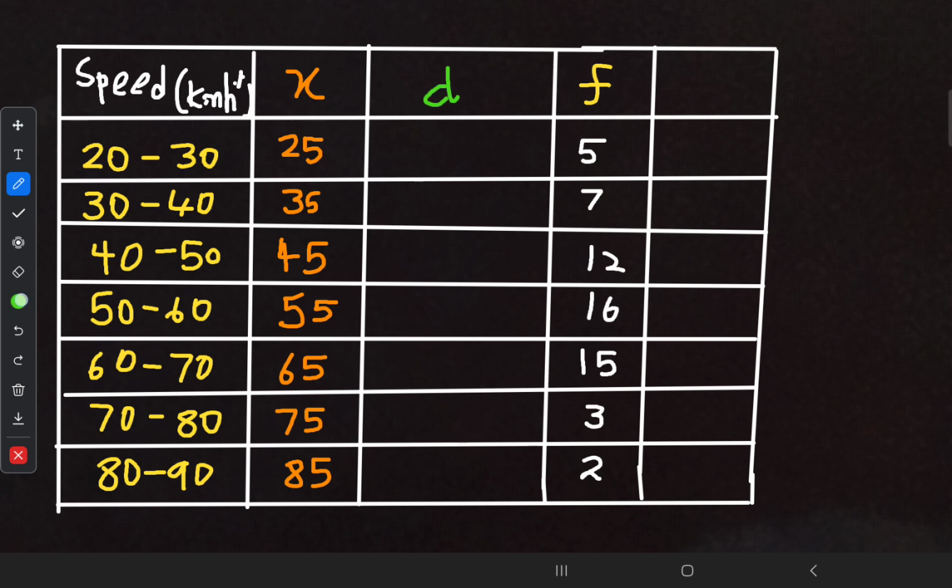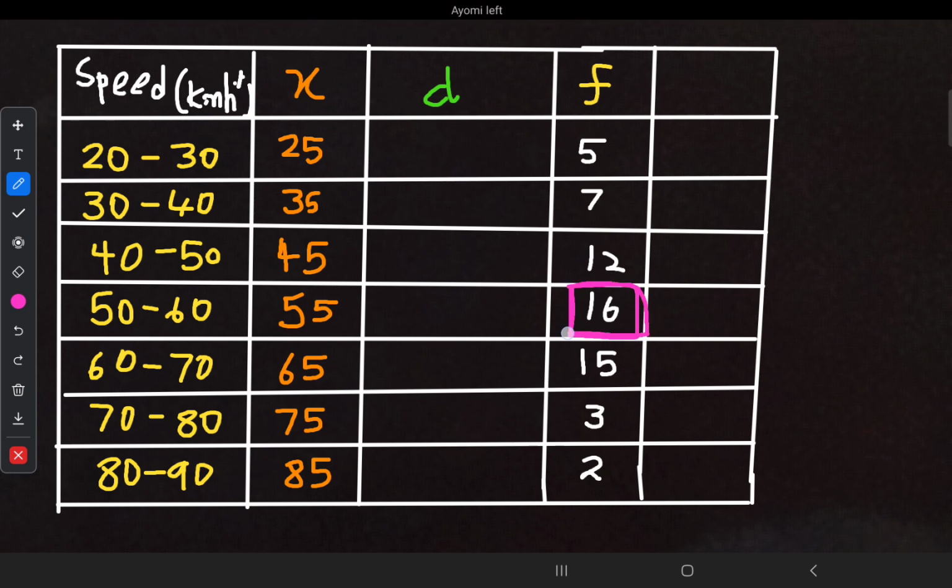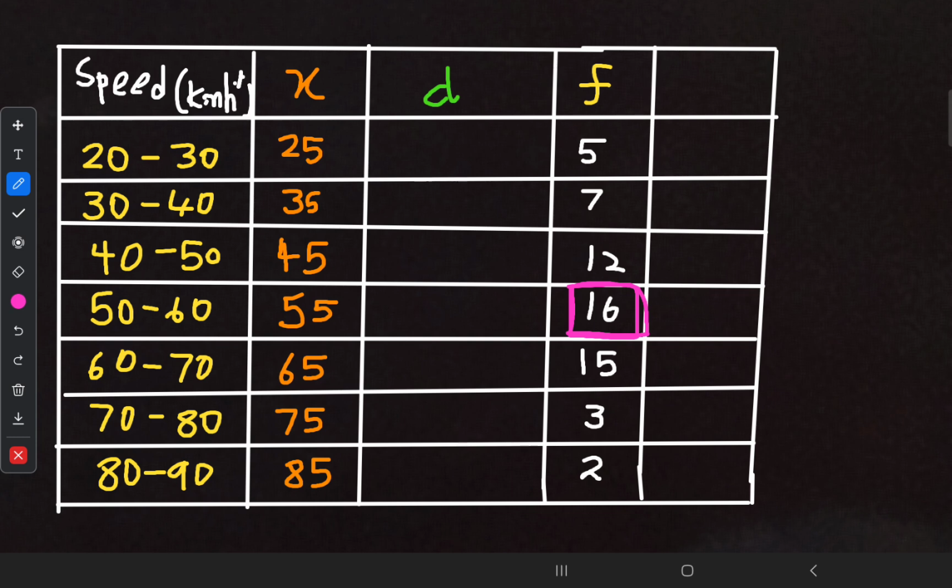Before starting to find the deviation, we have to determine our modal class. Modal class means the class interval which is holding the highest number of frequency in the frequency column, that is 16. 16 is the modal class, that means the highest number of frequencies is occupied by this particular group.